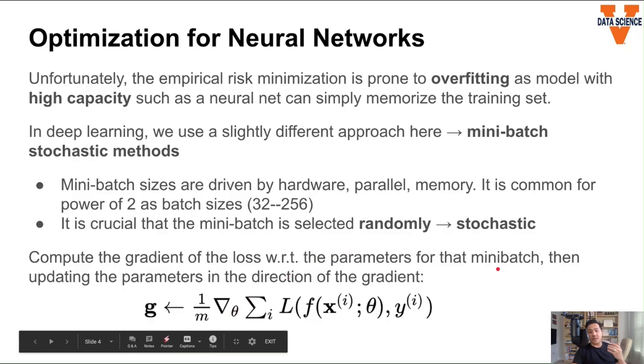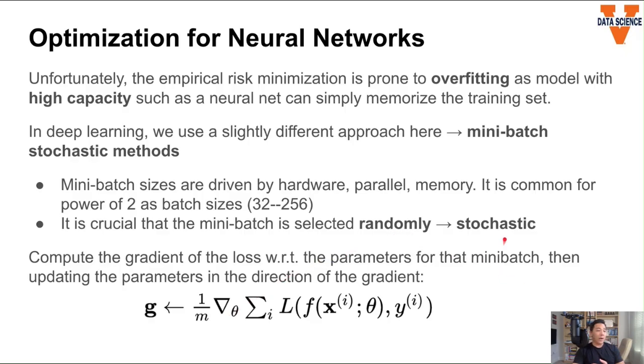Then we can update the parameters in the direction of the gradient, as seen in this formulation, and epsilon here is the learning rate. We've seen this in the training of neural networks before. I'm going to use g for the gradient from now on. That is how the optimization works for neural networks.